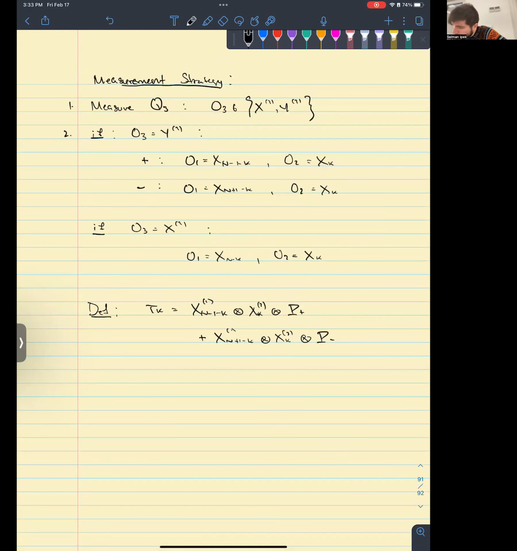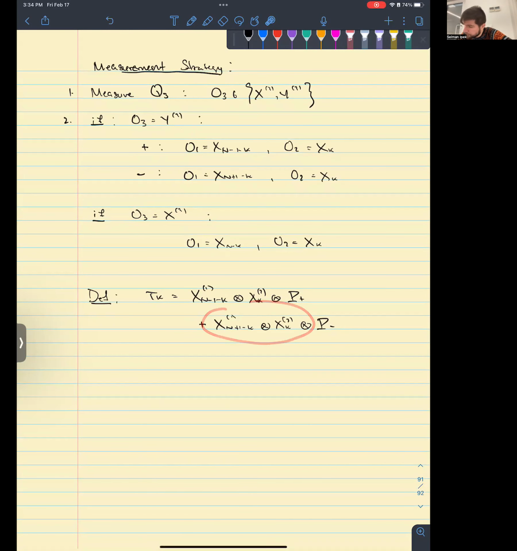Just quickly to give you the connection here: if you measure Y, then what you measure for qubits 1 and 2 depends on whether the outcome is plus or minus. How do you encode this? If the outcome is plus, that means you measured Y and got the +1 outcome, so you project onto that eigenspace, and then you measure this operator here. If instead you measure the third qubit in the Y basis and get minus, then you measure this observable instead.